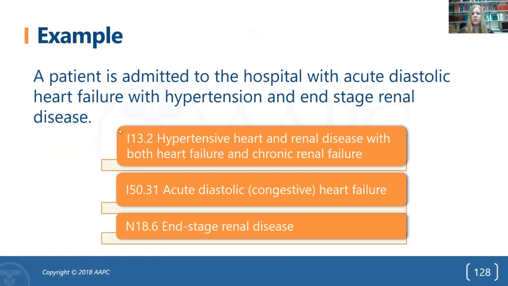Our primary diagnosis would be I13.2 for hypertensive heart and renal disease with both heart failure and chronic renal failure. And then our second code would be our code to specify the type of heart failure, our I50.31. And then we use that N18.6 to specify that we have end-stage renal disease.